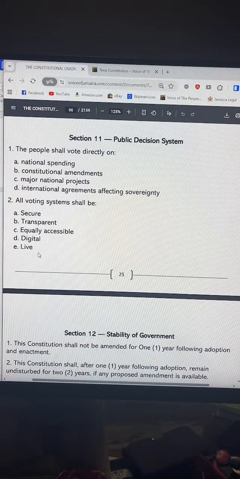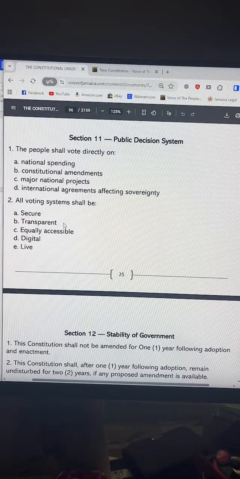The point is, if we have a digital system where one is local, if people are in a location, like in all the parishes, you can just go to the town square. You go, you cast your vote, and you're done. The vote remains live.